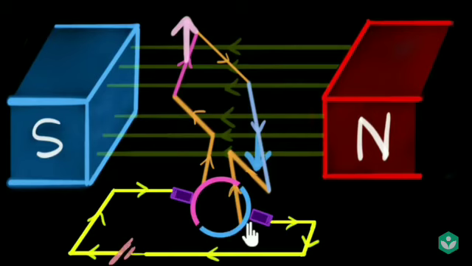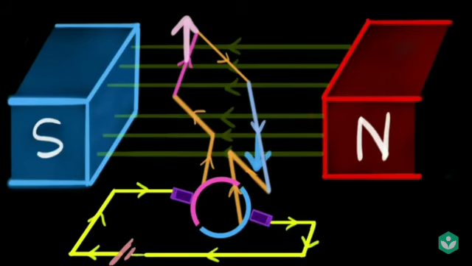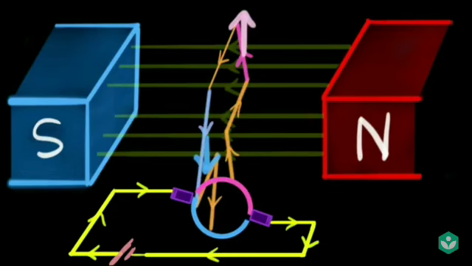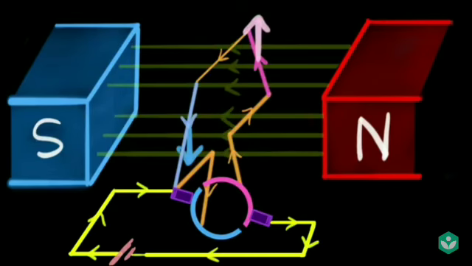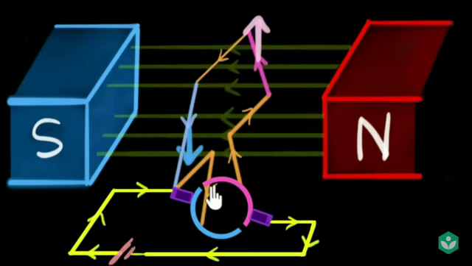But now, more importantly, let's see how this reverses the direction of the current every half a rotation. So right now, the pink ring is in contact with the positive terminal and the blue ring is in contact with the negative terminal. But notice what happened once the coil has spun enough. Now the pink ring has come in contact with the brush of the negative terminal of the battery, and the blue ring has come in contact with the brush of the positive terminal.